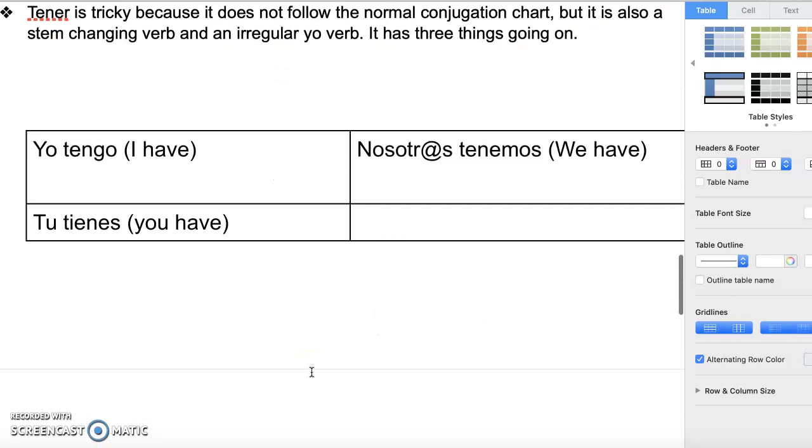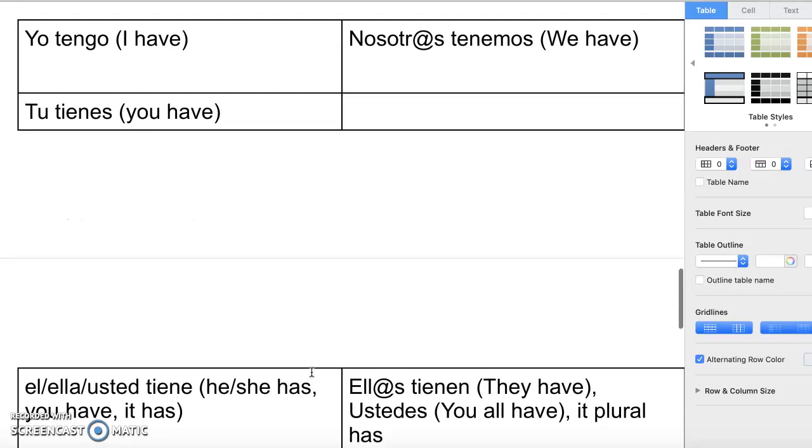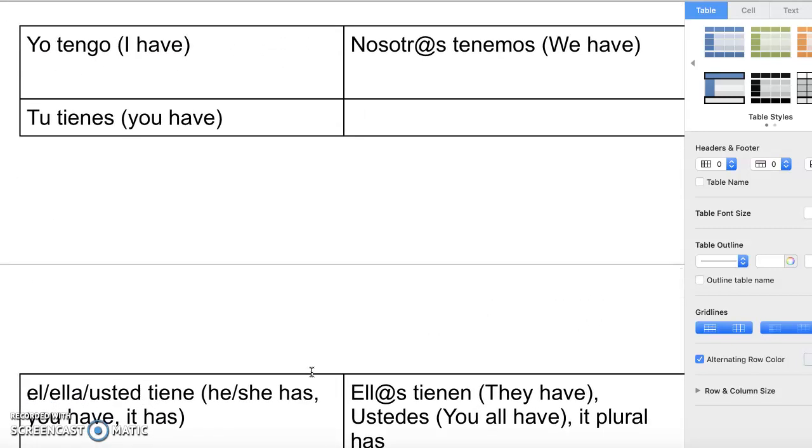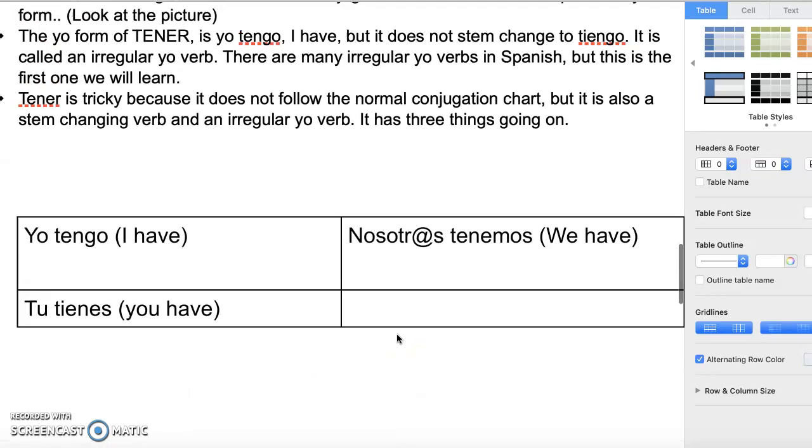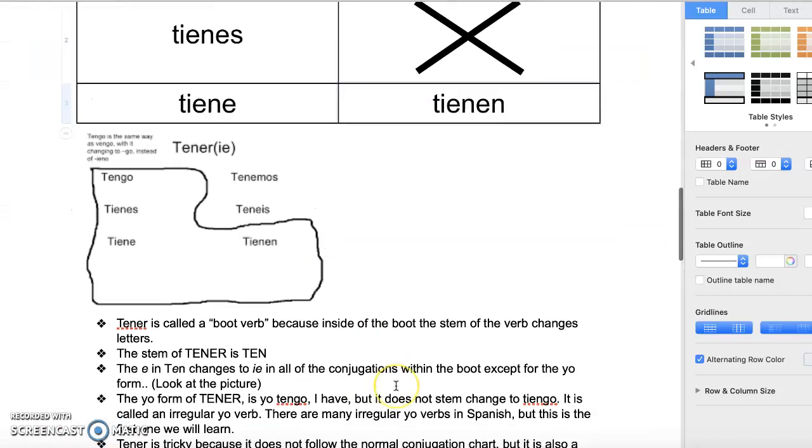Okay, so knowing that, here are the translations in English: I have, tengo; you have, tienes; she has, tiene; we have, tenemos; you all have, tienen; they have, tienen. That's the translation for you, just in case you needed it in the chart.